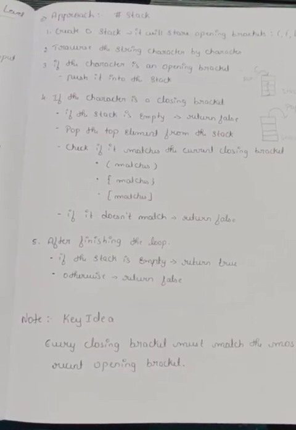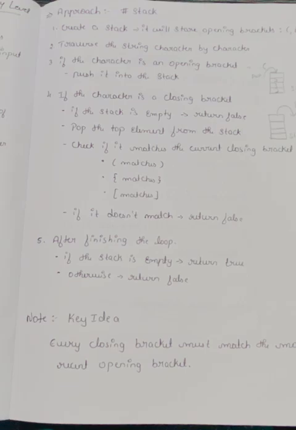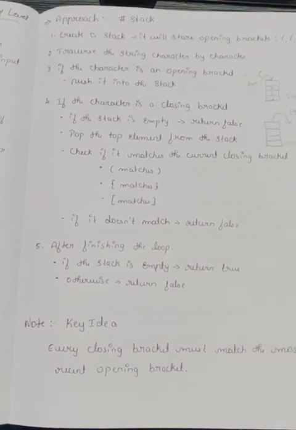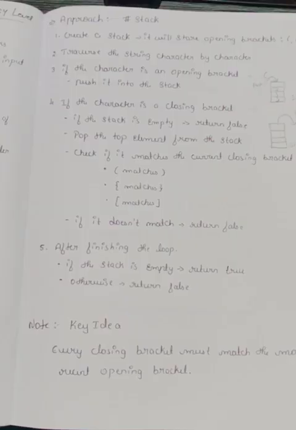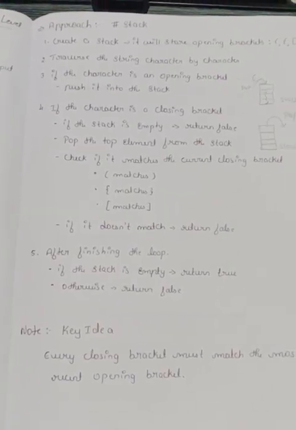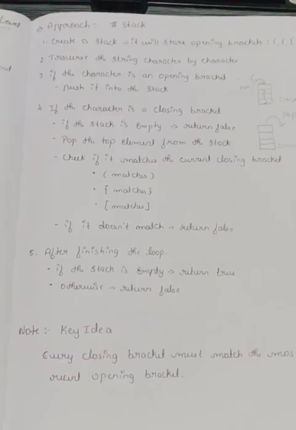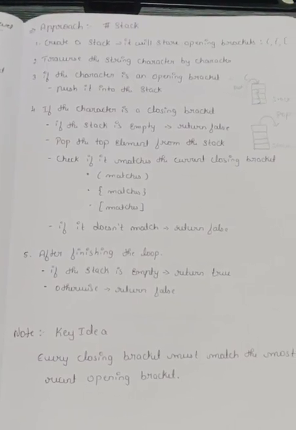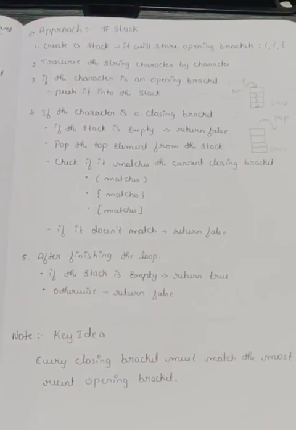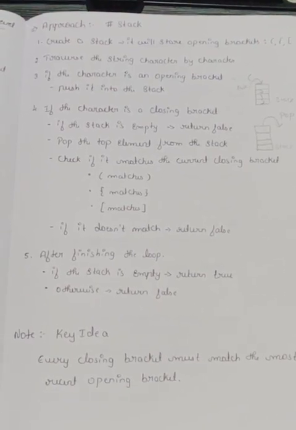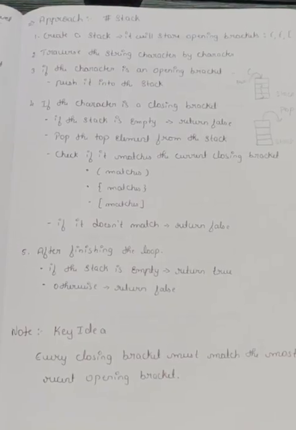If the character is a closing bracket and the stack is empty, then I'll return false, as it is invalid. Otherwise, I'll pop the top element from the stack. Then I'll check if it matches the current closing bracket. If it does not match, I'll return false.